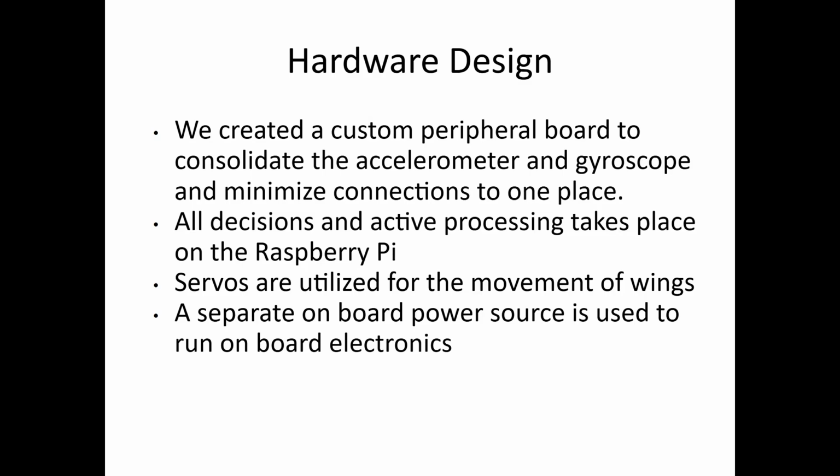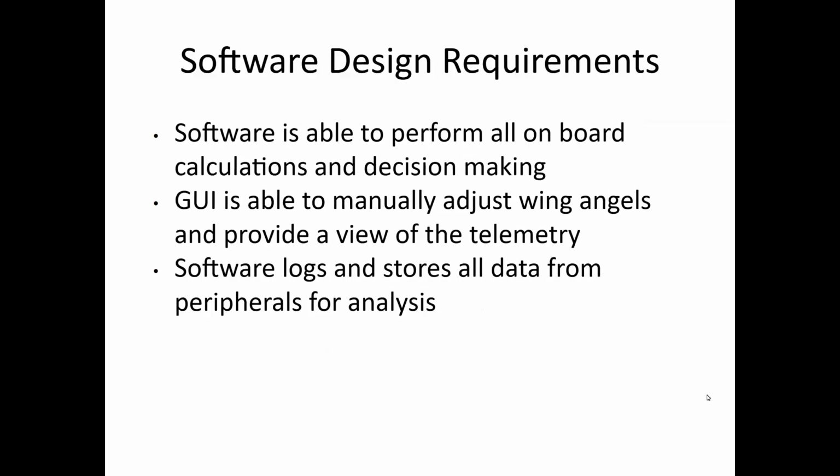We also made sure that all of our processing was taking place on our Raspberry Pi, and that all of our wing movement was using linear servo motors. And also that a separate power source was used to run the board electronics than to run the car itself.